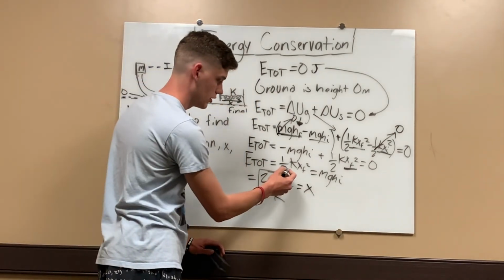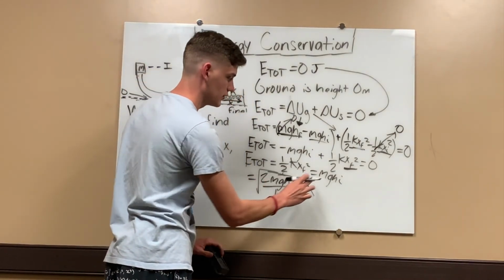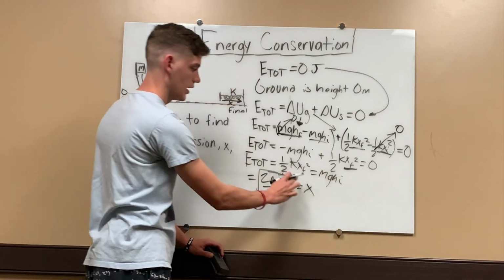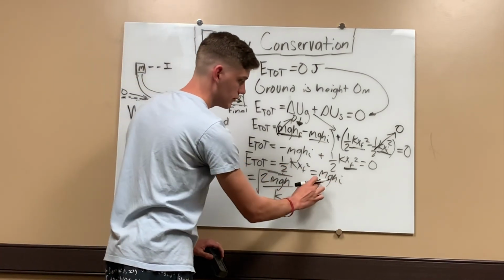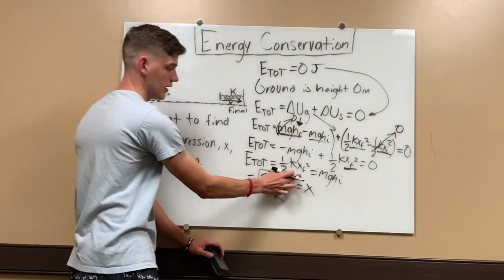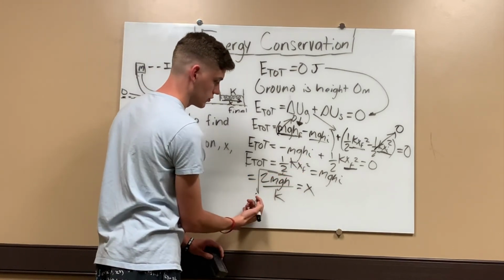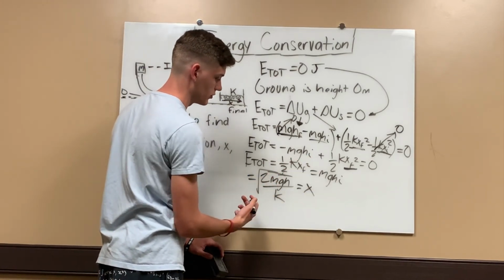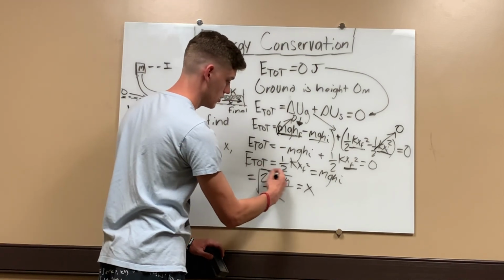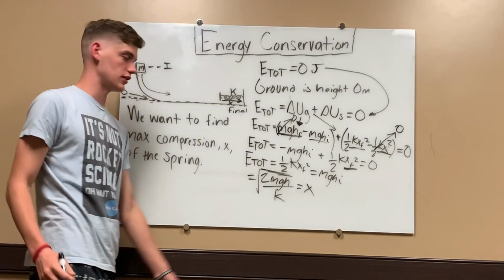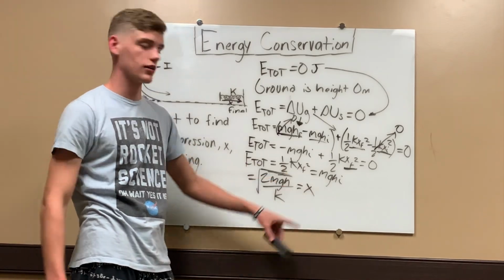All I did here was multiply 2 on both sides to give me 2mgh initial, and then divided by k to get 2mgh initial over k, and we had an x final squared. So to get x, I just square rooted both sides, and that's where this whole side of the equation comes from. And this is our max compression x of the spring.